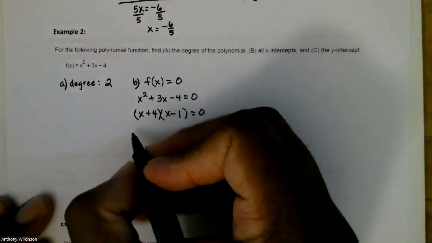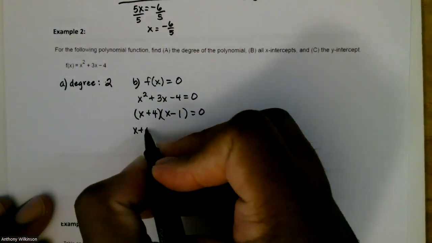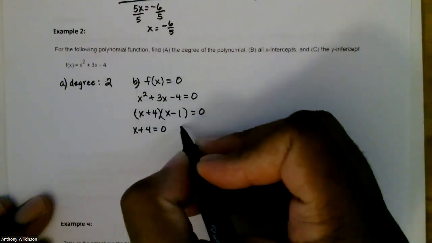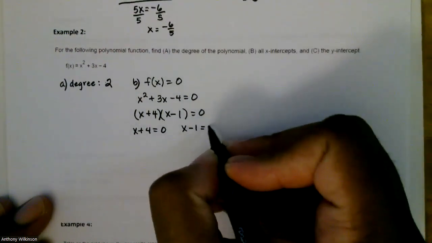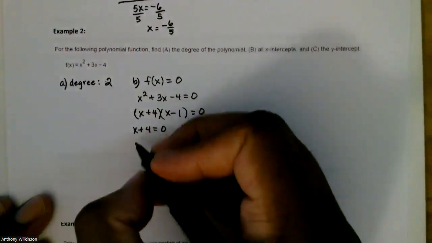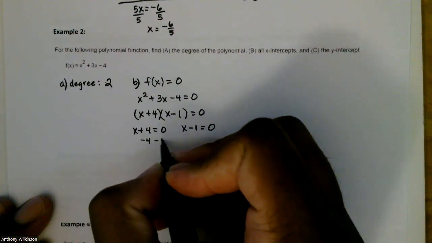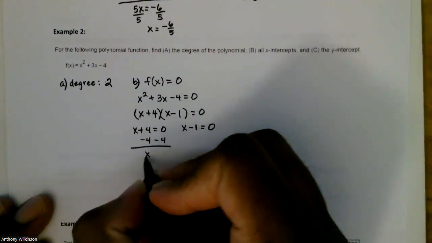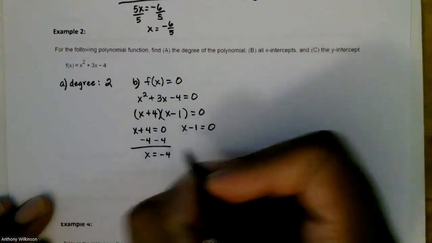And then we set each binomial factor equal to 0. So it'll be x plus 4 equal to 0, and x minus 1 is equal to 0. And then next we solve each equation for x. So for x plus 4 equal to 0, that would mean x is equal to negative 4.